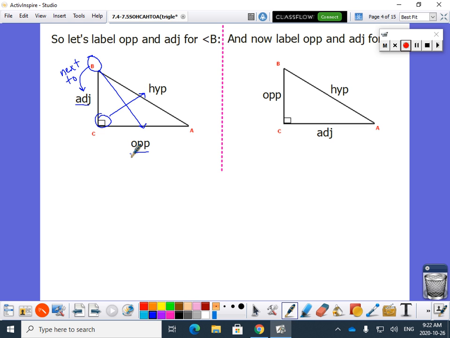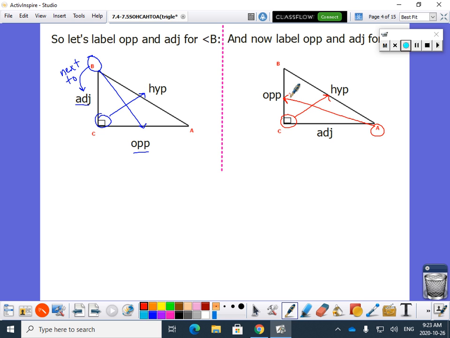So help me do this one now. In this case, we are now going to look at angle A. If this is angle A here, well, right away, if this is our right angle, then across from that is our hypotenuse. When we come to the side across from angle A, that is the opposite side.